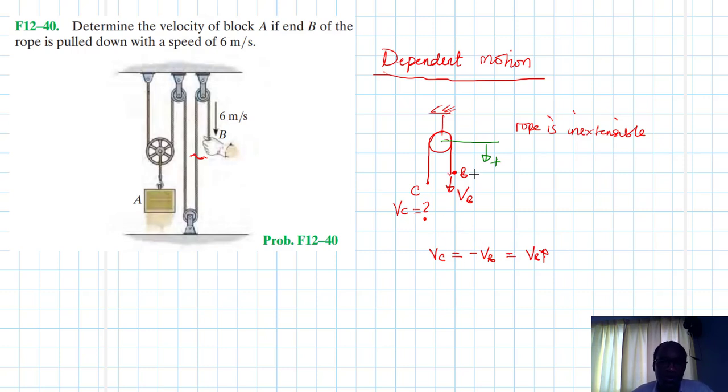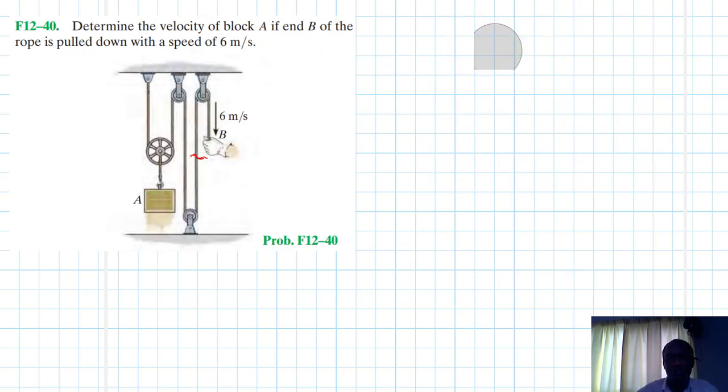So basically, this is what we intend to do in this particular problem. But of course, this is a simpler case. In our case, we have a single rope, but it goes round a number of pulleys. So the first step is to define the fixed reference.